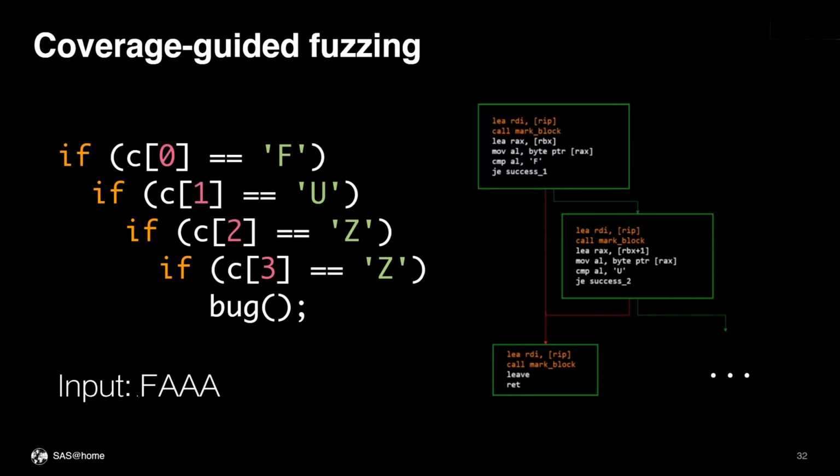But if it flips a bit inside the text one more time, the letter would become letter F, and a new basic block has been covered, and AFL would be actually able to detect this. So this technique is called coverage guided fuzzing, and later on it would be able to find all these 4 letters, and it would be able to trigger the bug. It works not exactly like I have described, but this is just to give you a common sense how it works.